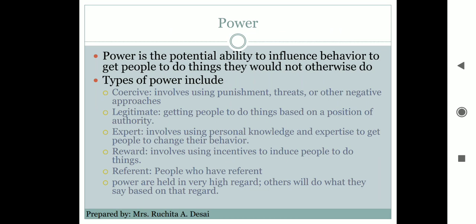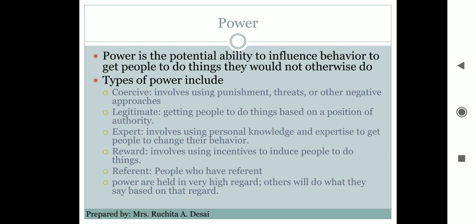The next, third factor is power. The three factors we are discussing are motivation, influence, and power, and this is the third, power. Power is the potential ability to influence behavior to get people to do things they would not otherwise do.